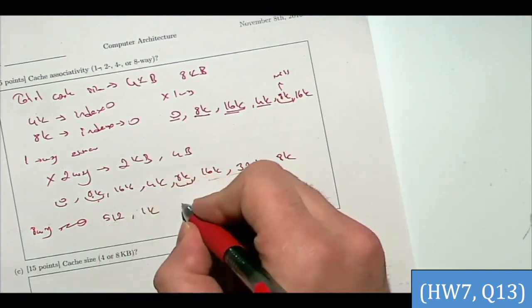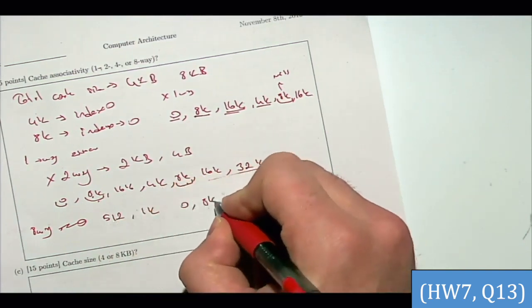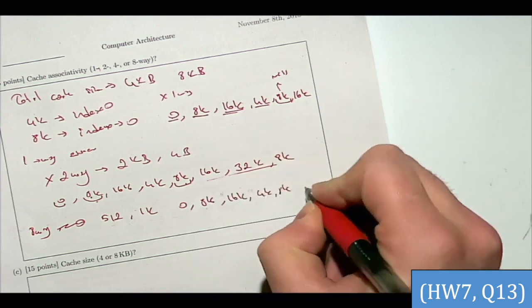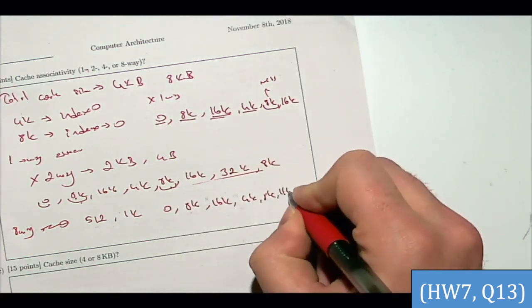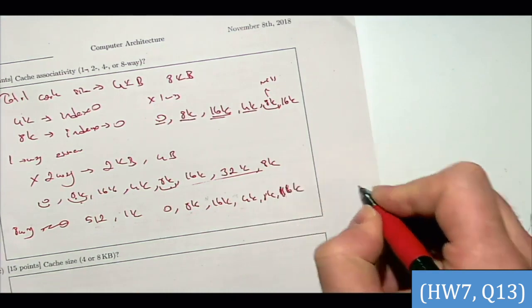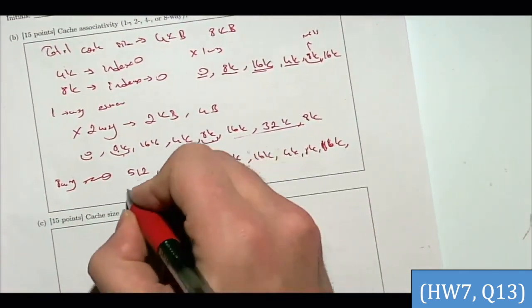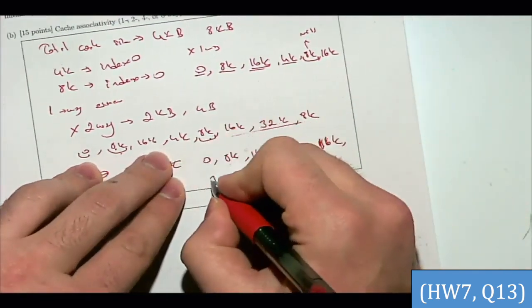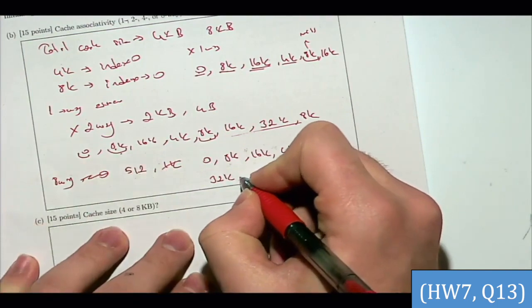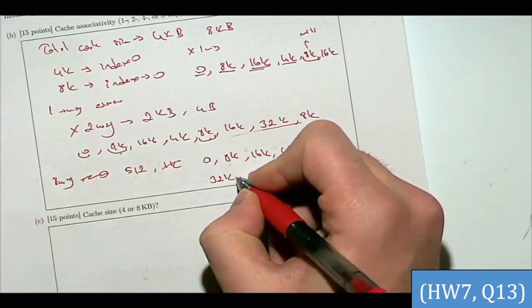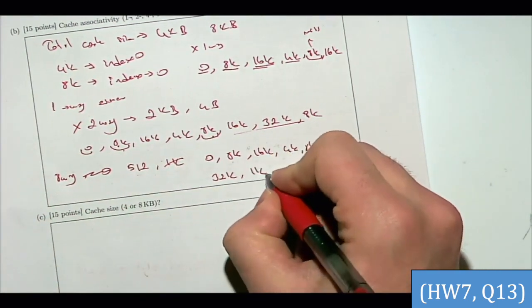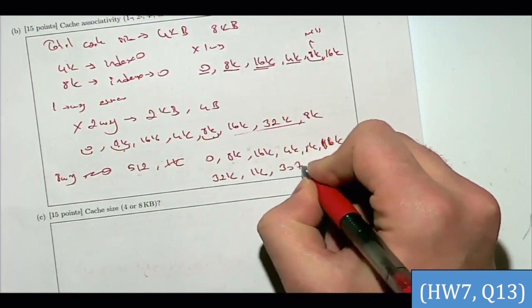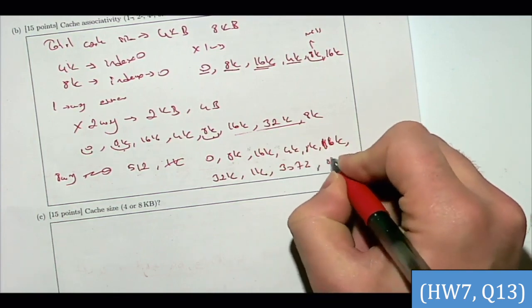So these are, again, 16K, 4K, 8K, 16K, 32K, 1K, 8K.